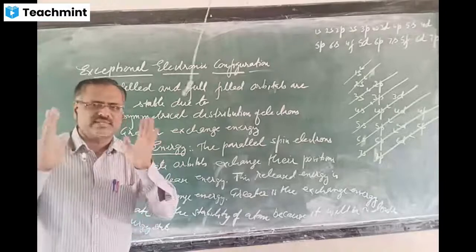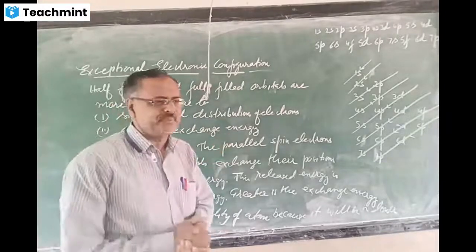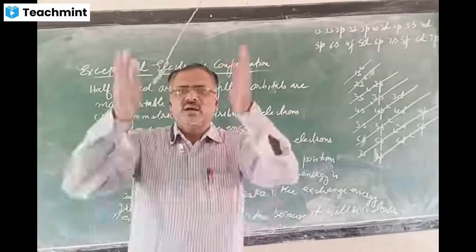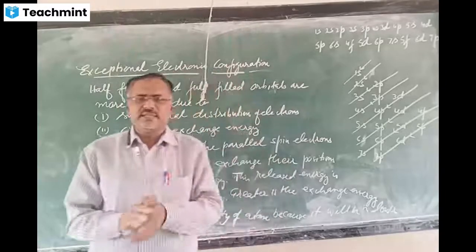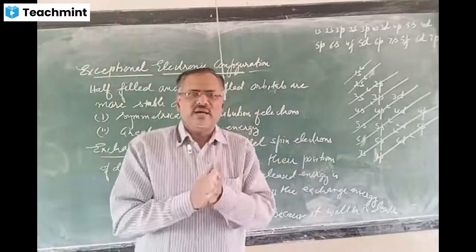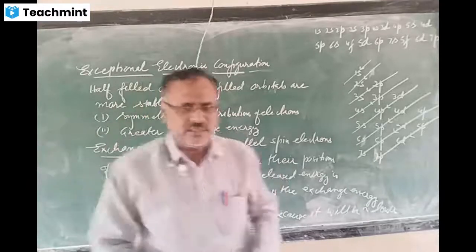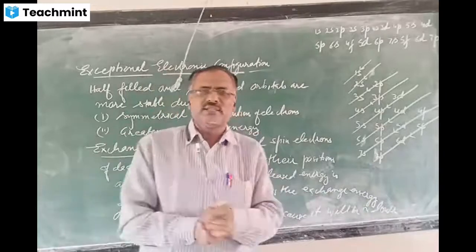Just try to understand the meaning of this. Parallel spin electrons means the electrons which are present in one particular direction. They will exchange with each other, just like I am coming here and you are going there. They will exchange their positions.